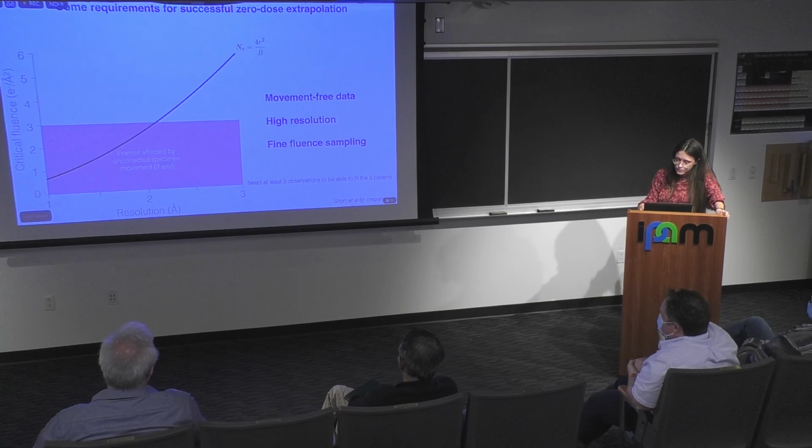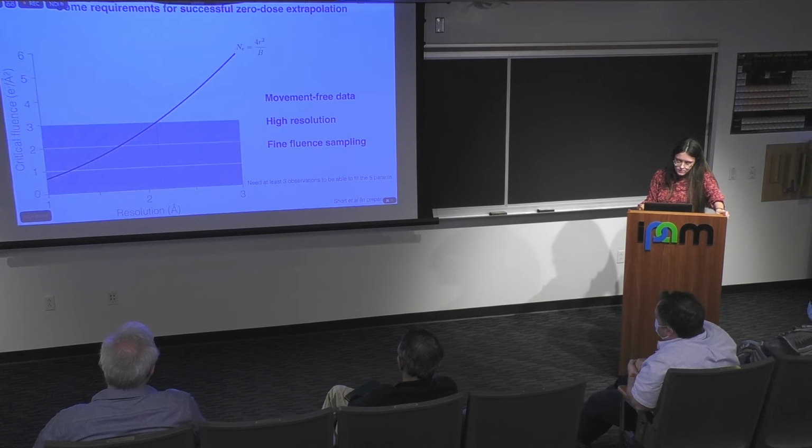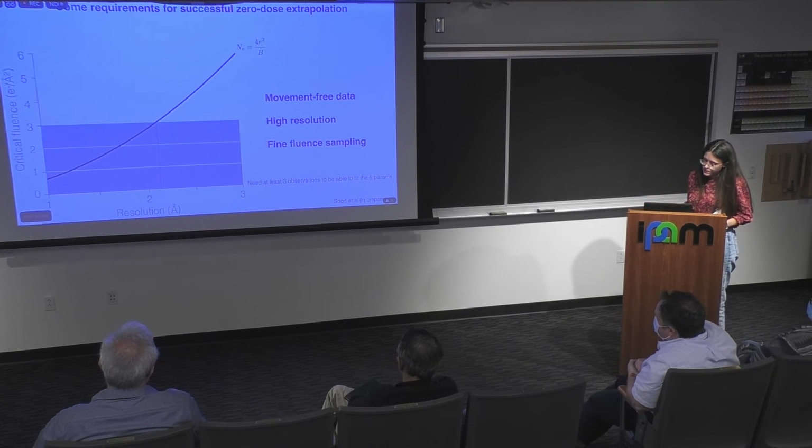And after that, you need to sample this information reliably, at least for 3 frames, to be able to do this 5-parameter fitting. So actually, you don't have much signal left to do that. Instead, what you would need to do is you would need to have movement-free data. And if you're interested in this 2-point-something angstrom information, you would need to have at least 3 frames in your movie before you reach 3 electrons per angstrom squared.